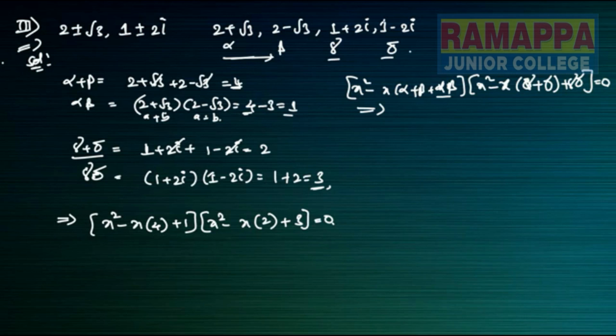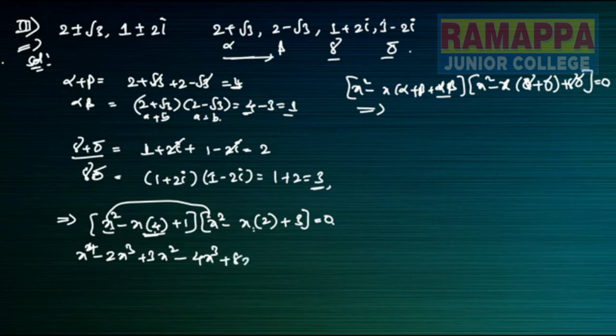Now we will do the multiplication of this: x square into x square, x to the power of 4; x square into 2x, minus 2x cube will come; x square into 3, 3x square; and this 4x, 4x into x square, minus 4x cube will come; minus 4x into minus 2x, 8x square will come; 4x into 3, 4 threes are 12, minus 12x will come here.